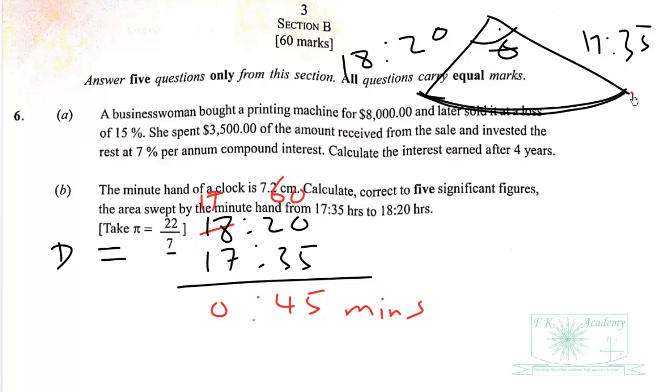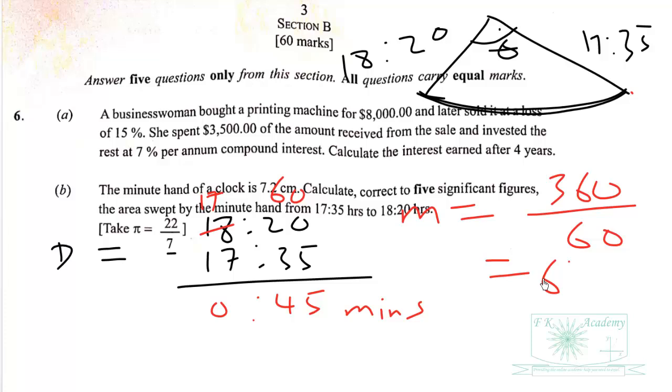Now each time the minute hand moves in the clock, it covers an angle of 6 degrees, because we have 60 minutes in one revolution. So each time the minute hand moves, it covers an angle of 6 degrees.